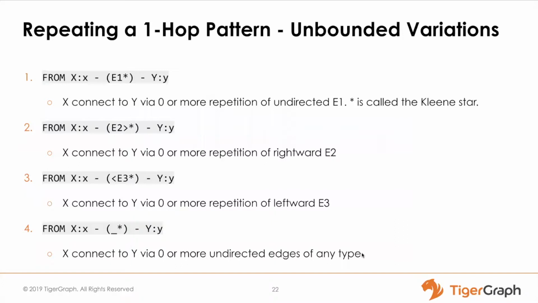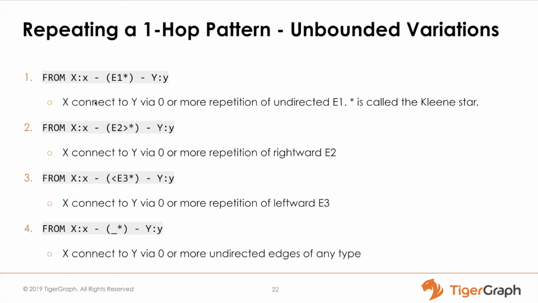So after introducing the one hop fixed length pattern, now I'm going to talk about some regular expression extensions. A lot of the time when we traverse the schema of the graph, we can do multiple repetitions so that I can represent an instance by schema traversal.